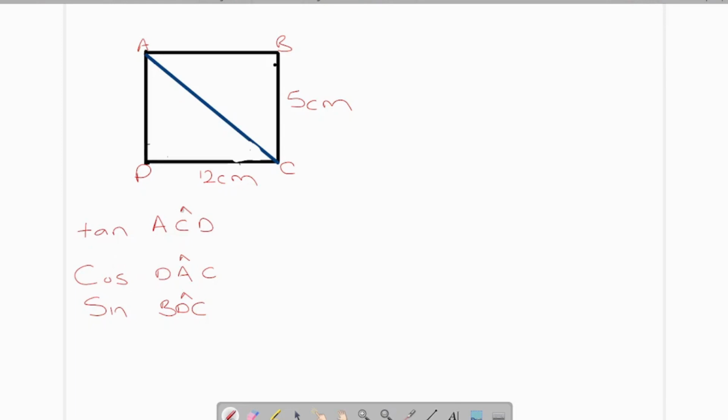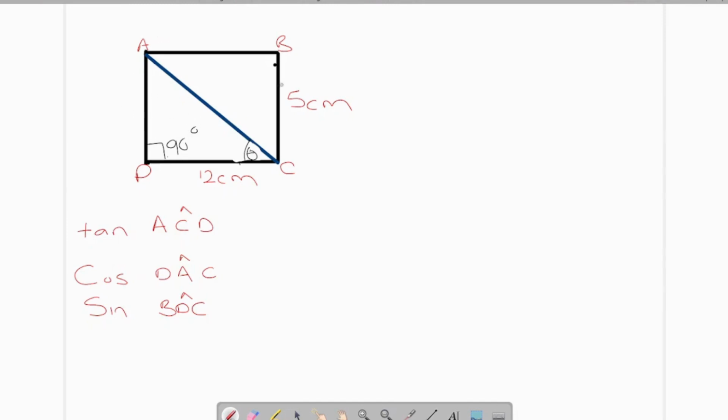And guys, whenever you see this sign, it means that our theta is at C. So let's label our diagram at C here. Let us put our theta. This is our sign for the theta, which represents an angle. And here we have 90 degrees because it's a right angle.